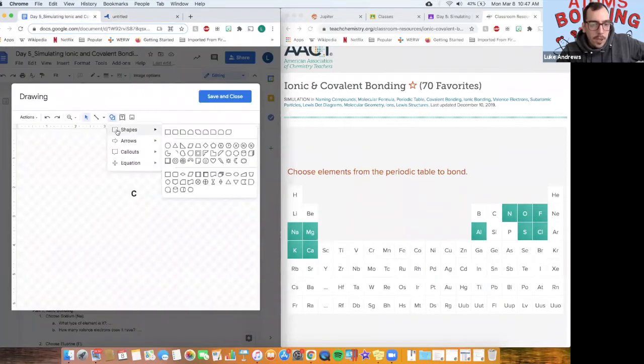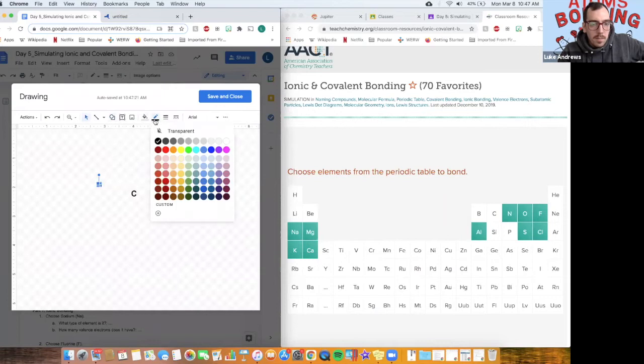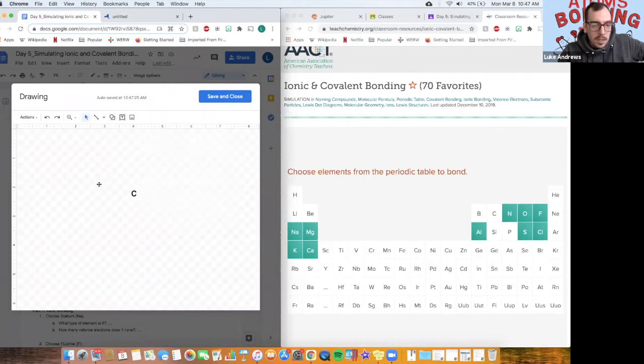So I'm going to create a shape. I'm going to make a circle. I'm going to make a little dot. I'm going to make it red so it shows up easier. And I'm going to make 4 of them. And I'm going to place them around carbon. The way I made 4 of them was just copy, paste, copy, paste.